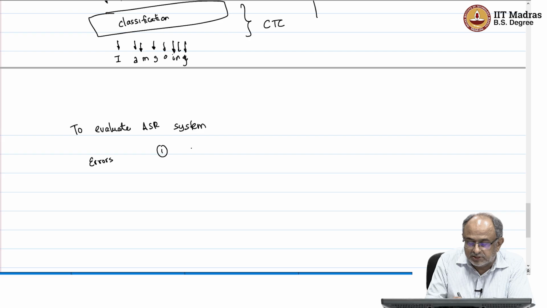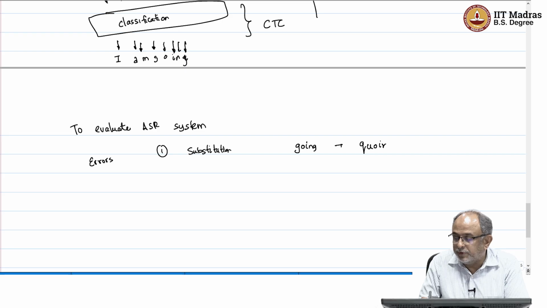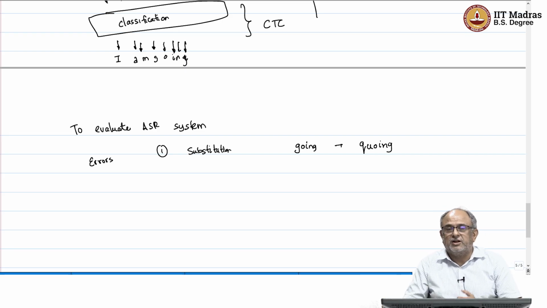One is called substitution. What do we mean by substitution? Instead of going, I said going. Of course, I can use something beyond that, like a language model to correct myself, but at the first level this is a substitution.